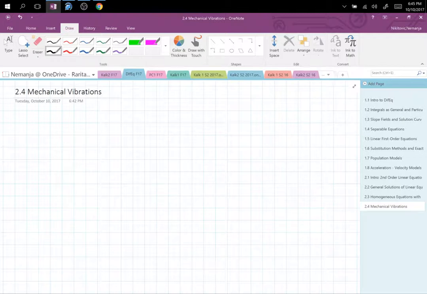The equation that we want to consider later, not now, is going to be m x double prime plus c x prime plus k x equals this forcing term.